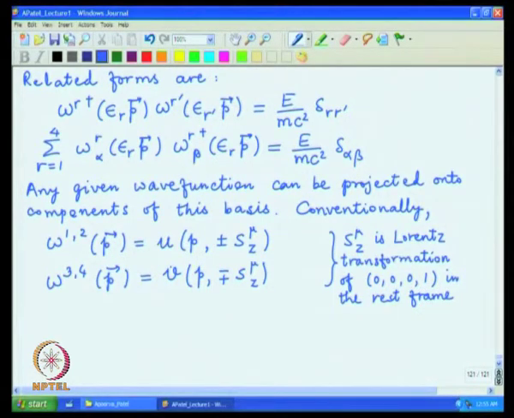So, this then becomes the 4 basis vectors u, v, and each of the 2 components are labeled by plus or minus for the corresponding spin labels.